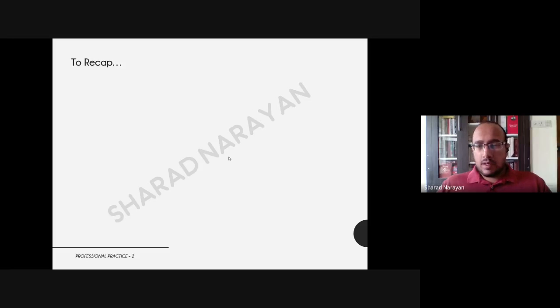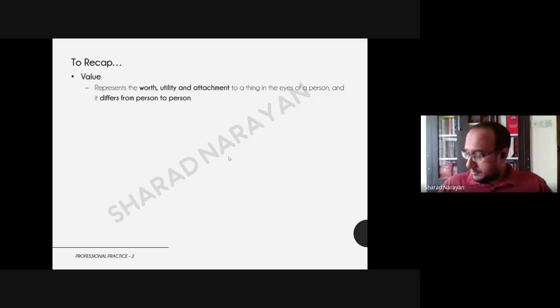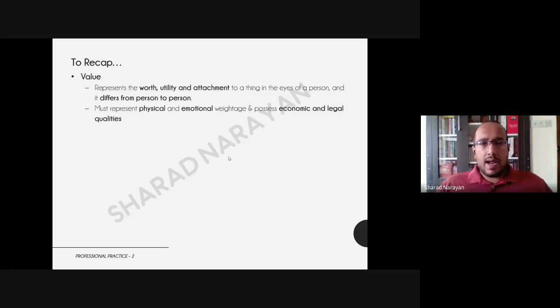Okay, so a small recap. In the previous class, we talked about what value is. We talked about it representing worth, utility, and attachment, and that it differs from one person to another. And it must represent physical economic weightage, emotional weightage, and must possess economic and legal qualities. Correct?